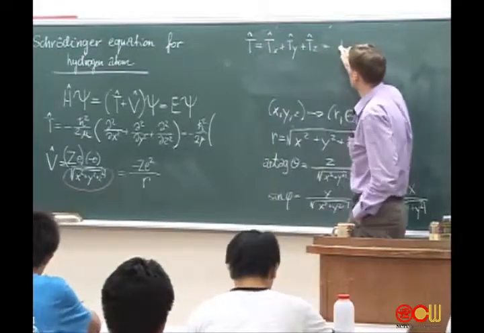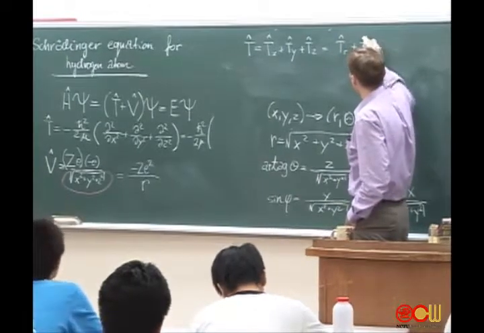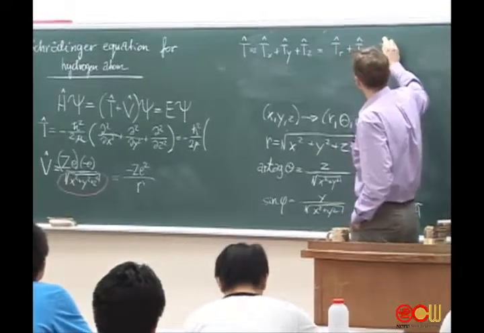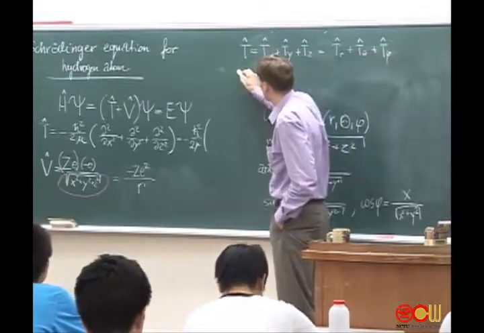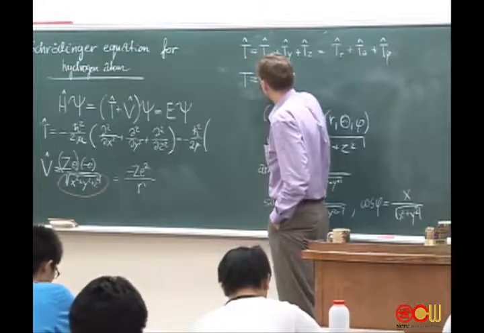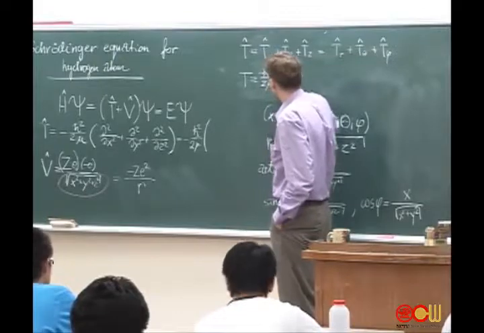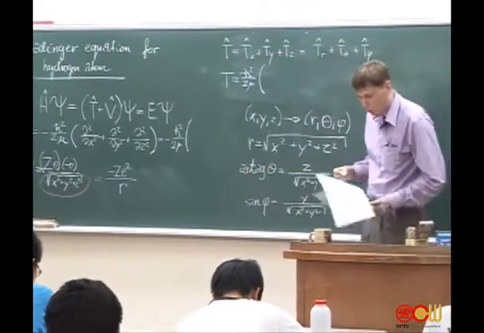In the new coordinates it's going to be some T_r plus T_theta plus T_phi. So now, how does it really look? It looks like that. This part is the same, but this equation is becoming, as I said, a bit more complicated.